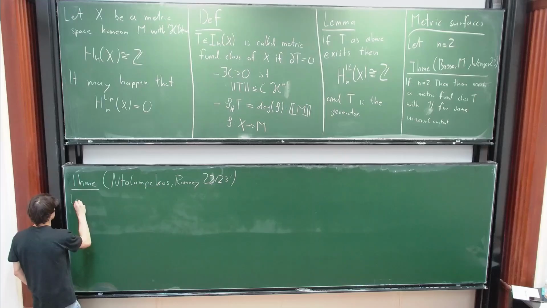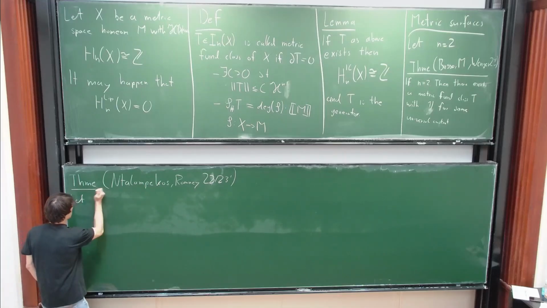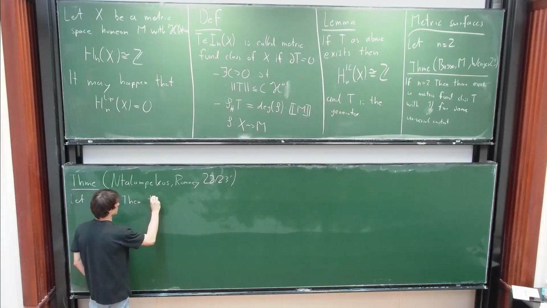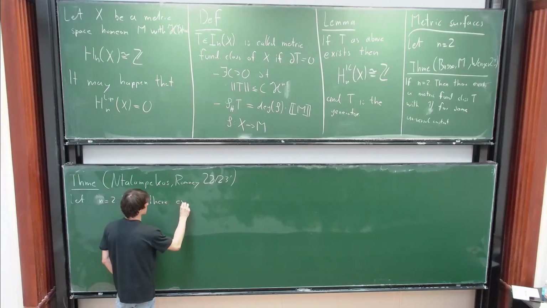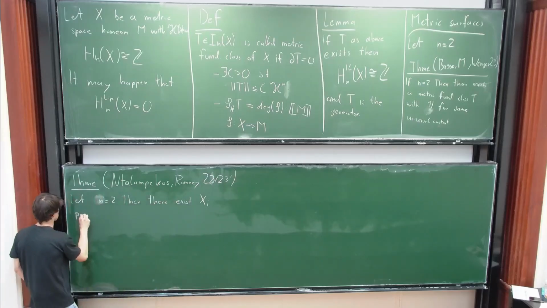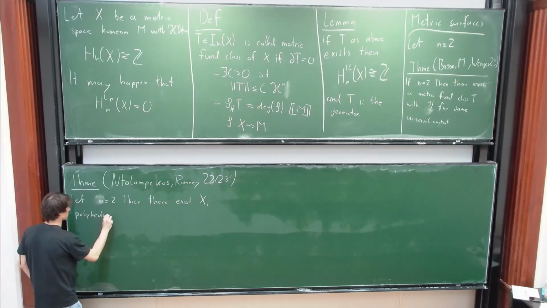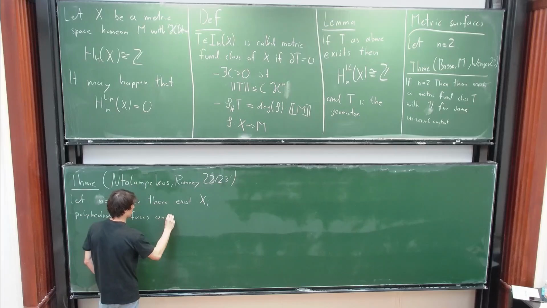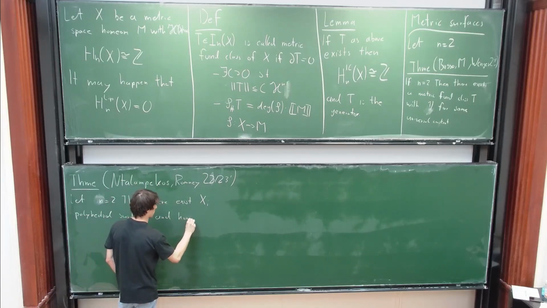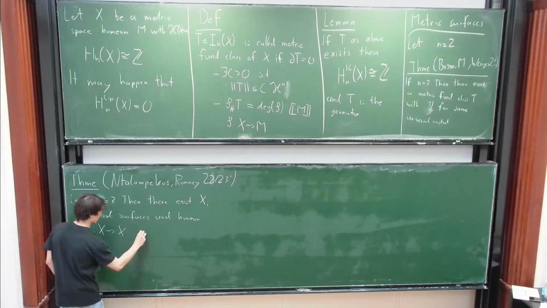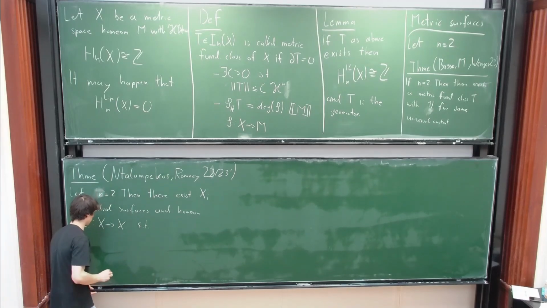So in the two-dimensional case, there exists a sequence of polyhedral surfaces which are homeomorphic to X, such that the following two properties hold.